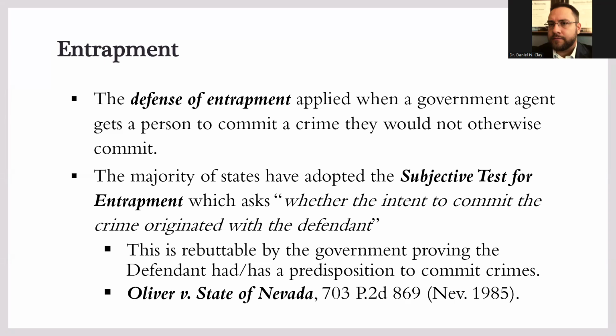And the question is not only did they put the idea in your head, but is it for somebody who would not have otherwise committed the crime? If you're soliciting prostitutes, you pull over, you're probably the type of person who is going to commit the crime regardless of whether the person was a cop or not. If you're buying drugs, well, you're the person who's buying drugs, right? Nobody forced you to do it. You just took the risk that the person you're buying the drugs from is a cop.